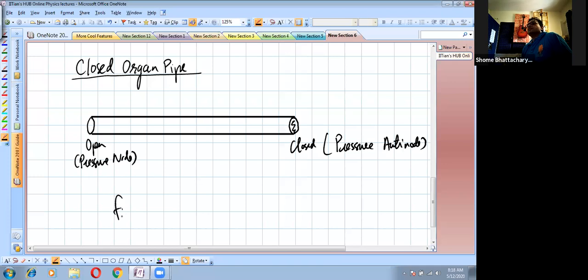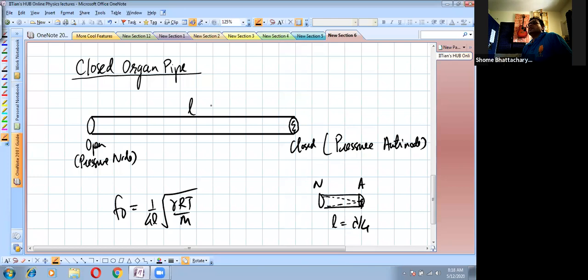So the fundamental situation is like consecutive antinode and node. L becomes lambda by 4, so this becomes 1 by 4L, where L is the length of the tube.